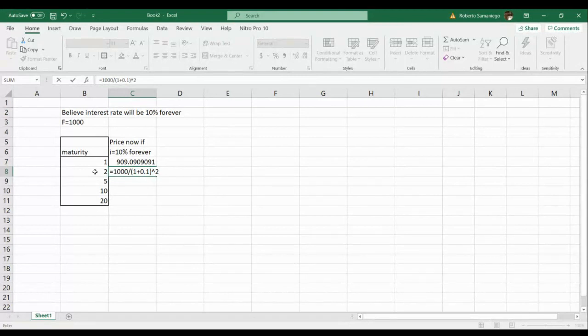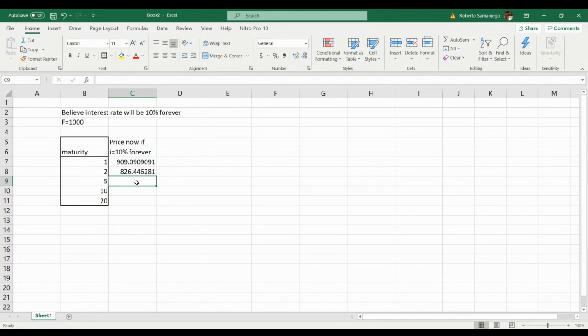So one thing I could do is just write the number 2. But in Excel, you can do another thing, which is hold down Control and click on this. And now it knows it's to the power of 2, because that's the number that's in this box, and that's the maturity. Naturally, the price is lower because we have to wait longer before we get the payments.